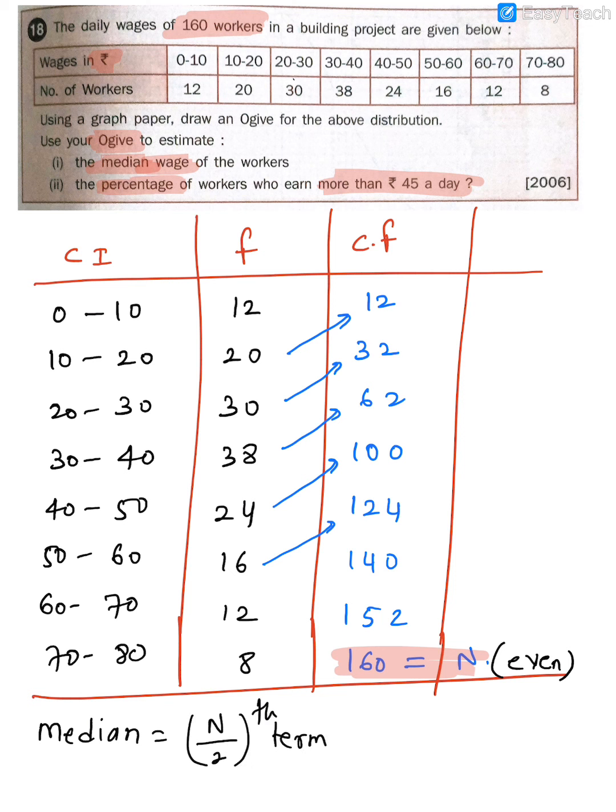So the formula which we had learned for median earlier, n upon 2 plus n by 2 plus 1, is not applicable for class intervals or in an ogive. Remember, in an ogive you have to use only the n upon 2th term, that's all. So here if you notice, it basically becomes what? The 80th term. Okay, the 80th term, not the 80th and then the 81st and then add and divide by 2.